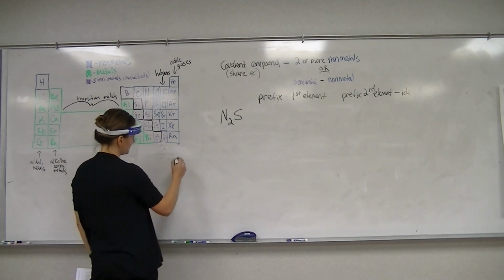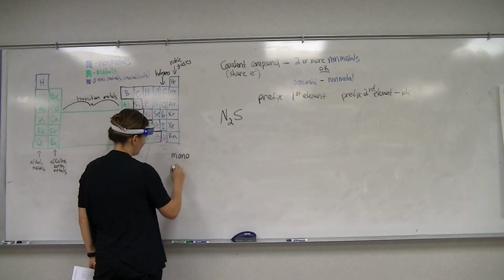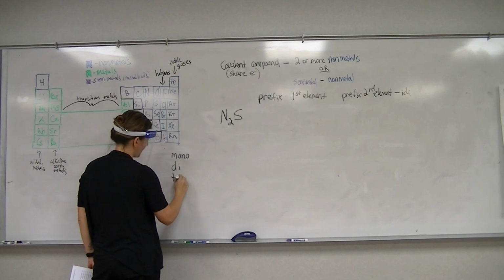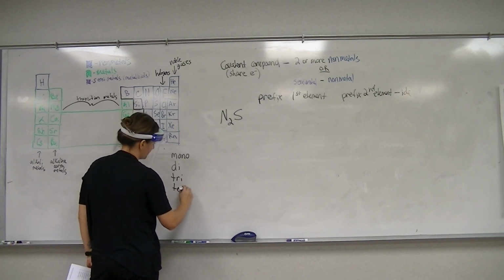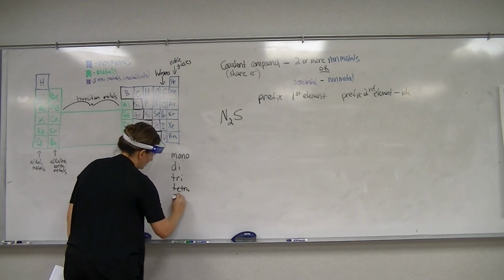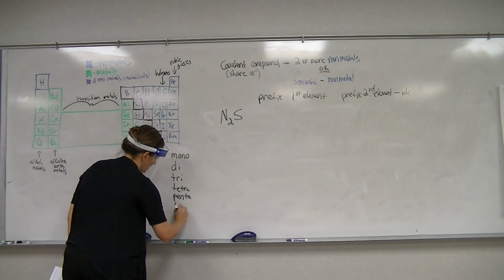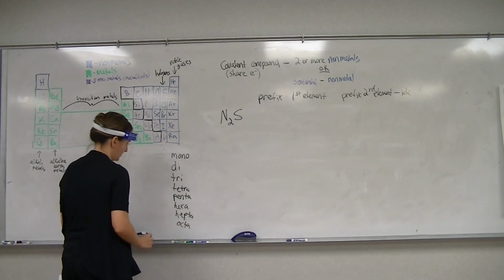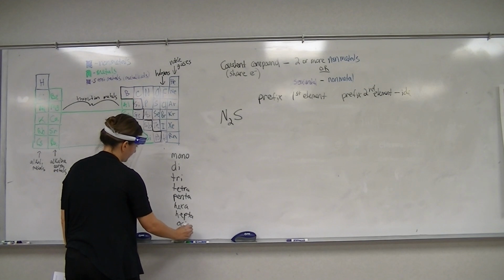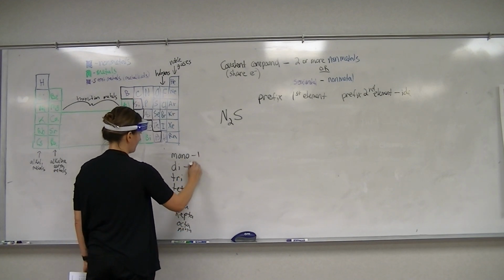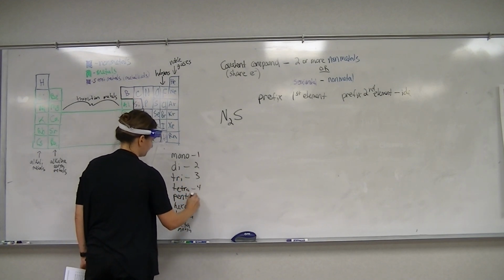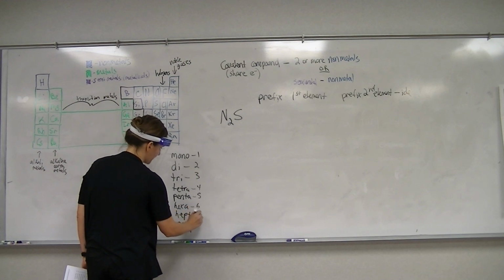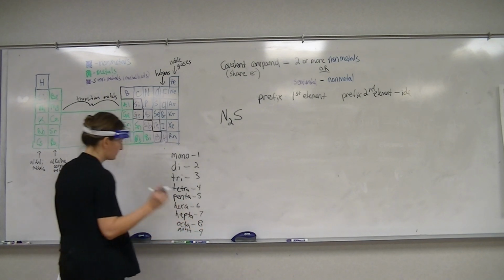Our prefixes are mono, di, tri, tetra, penta, hexa, hepta, octa, and nona is the last one. That one's hard to see, but we don't really see it very often. I have a table of these prefixes in the PowerPoints as well. I wanted to copy it down from there.